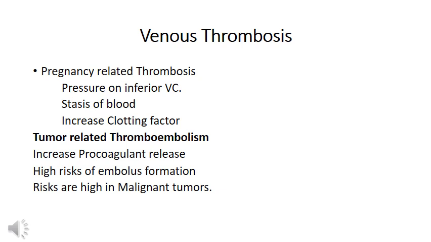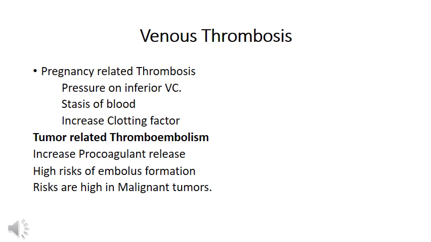Another important condition is tumor-related thromboembolism. Many malignant tumors are involved in the formation of thrombus in blood vessels, due to malignancy. It's due to the dissemination of the tumor from one side to another.